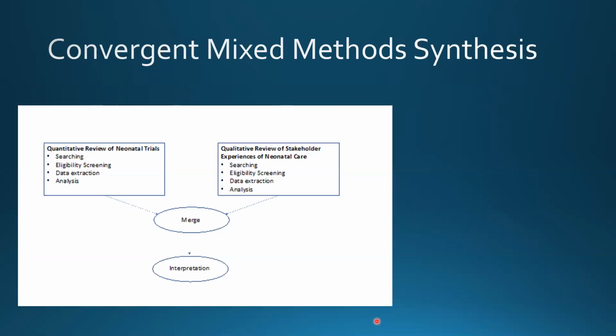That process was done by 2 reviewers. And so we ended up with a list of outcomes or issues, outcome domains that were relevant to trials and to qualitative studies. And we brought those together, and then we interpreted the findings from those.